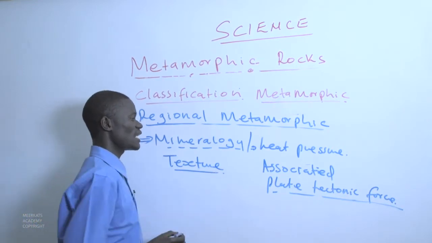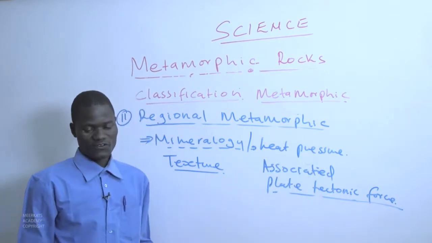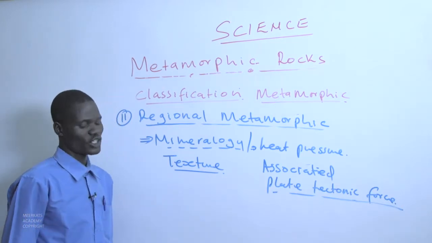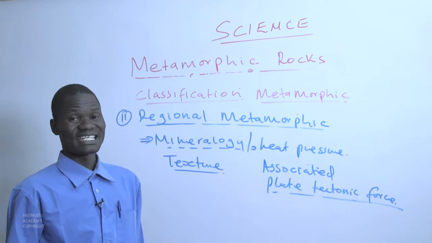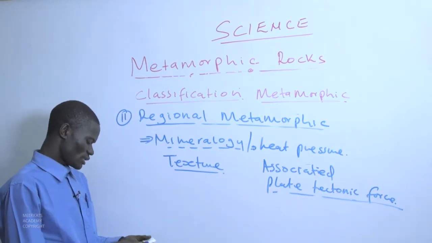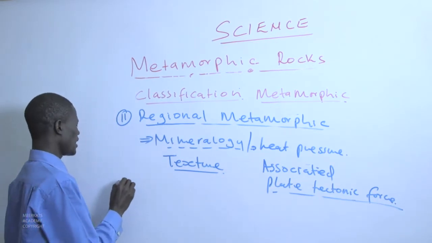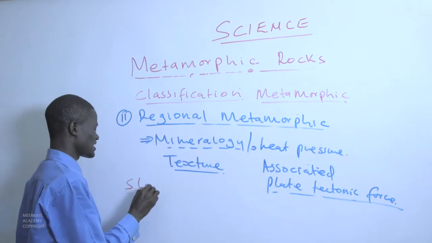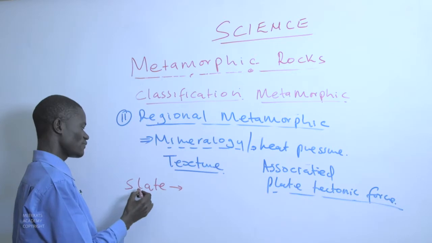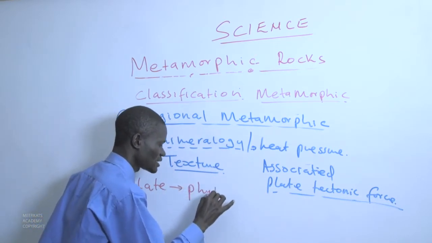When the texture changes under great heat and pressure, there will be a new formation of a series of rocks. For example, one example is slate. If the texture of slate changes, it will lead to the formation of phyllite.